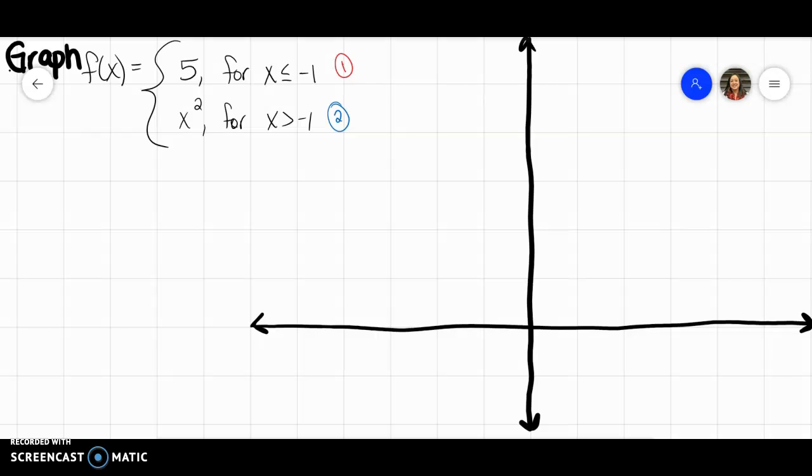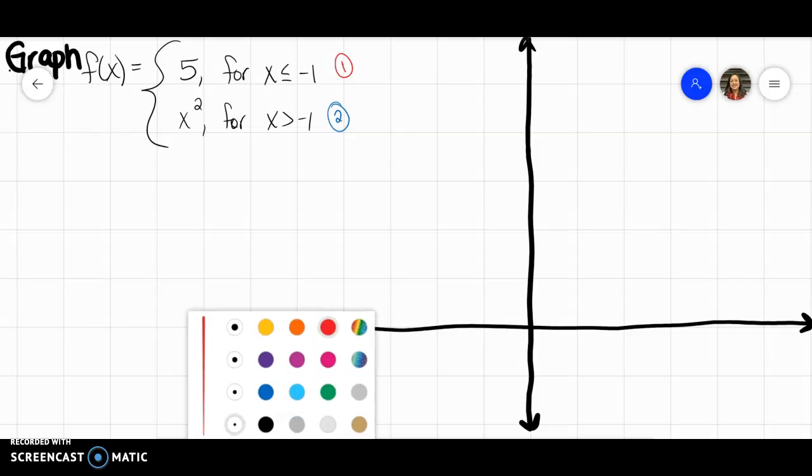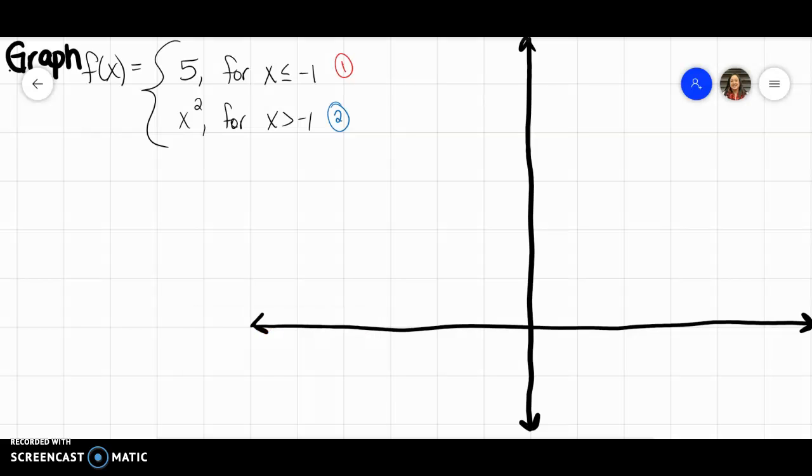Now you can go on YouTube, and if this does not help you a lot, you can find tons of different videos, and people explain these different ways. But the way I like to do this is I like to make tables for each section of the domain. So when I say each section of the domain, this piecewise function has stipulations.